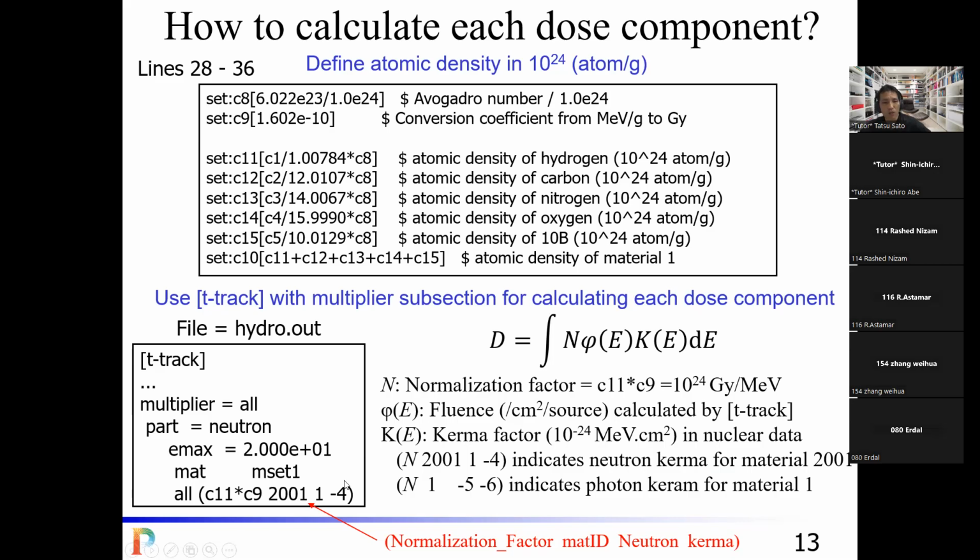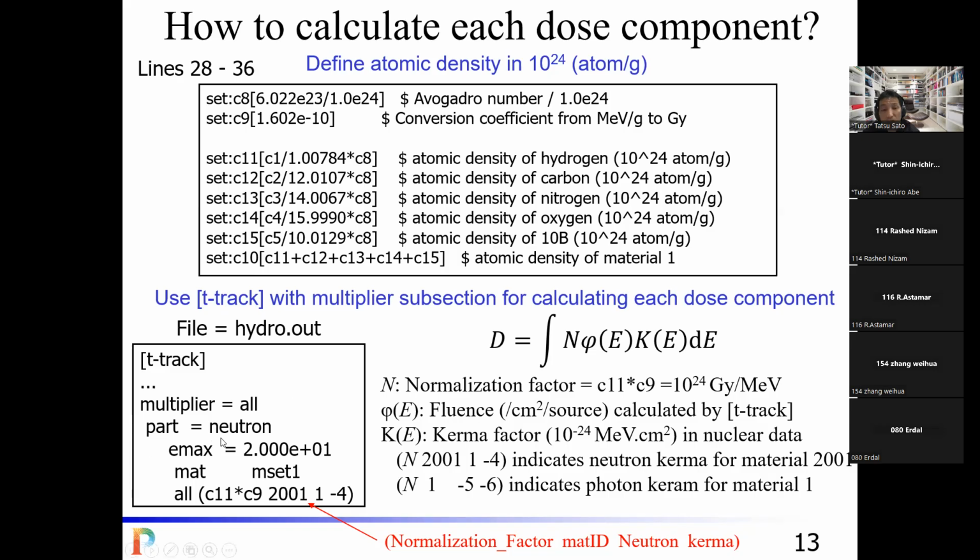So anyway, we use the multiplier functions, and to calculate each dose component, we use T-track instead of T-deposit. So dose is generally calculated by T-deposit, but in this case, we use T-track.